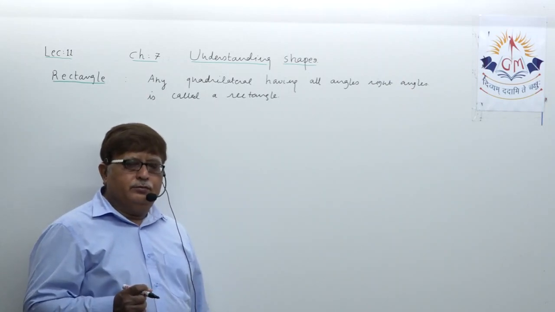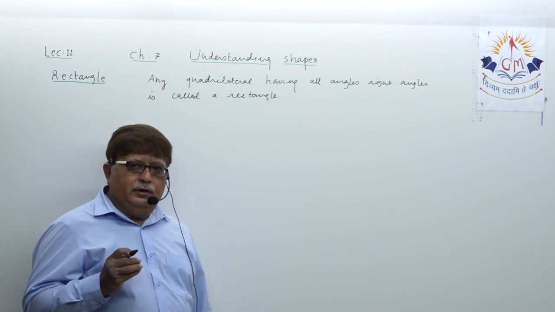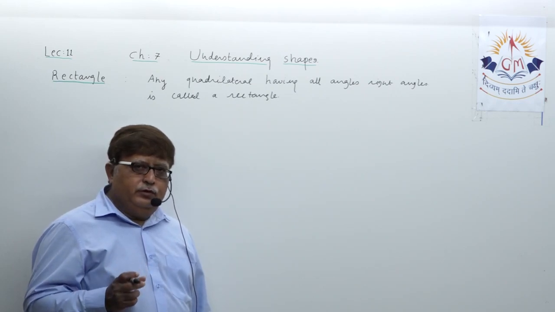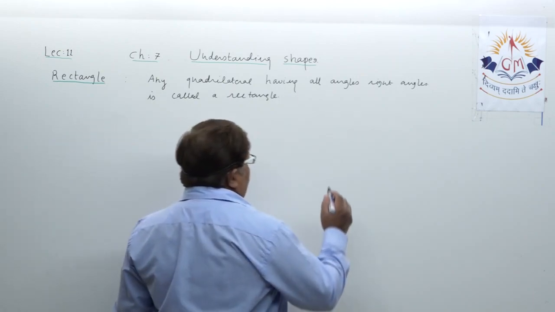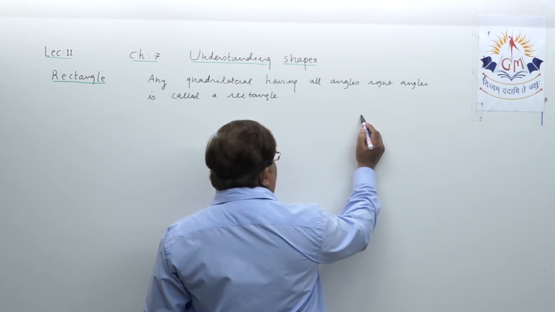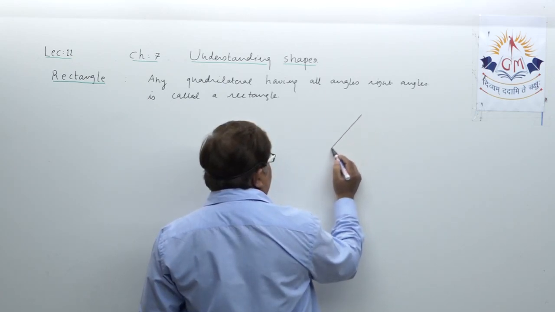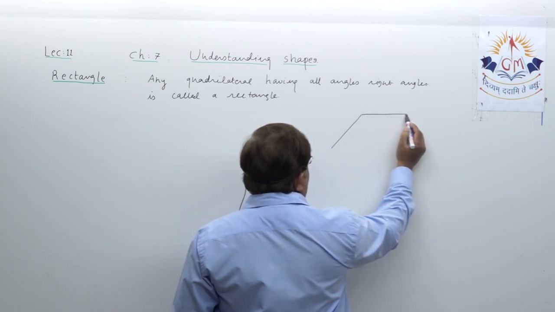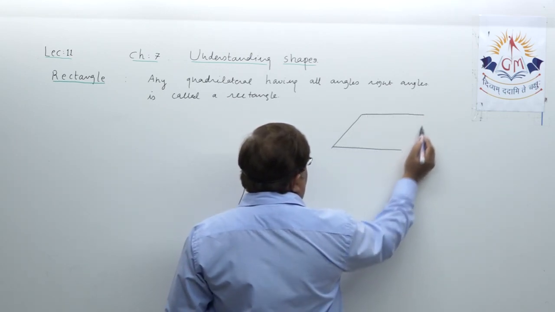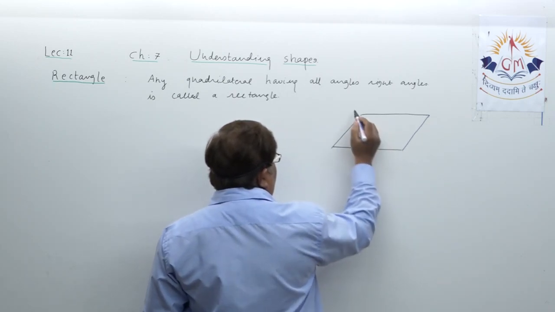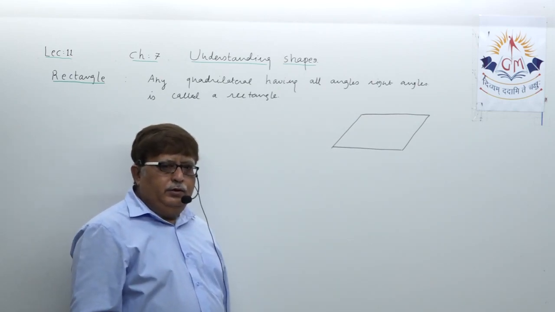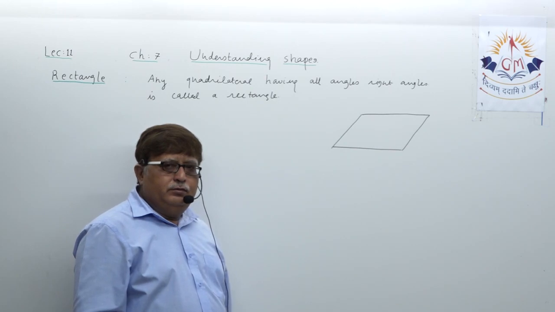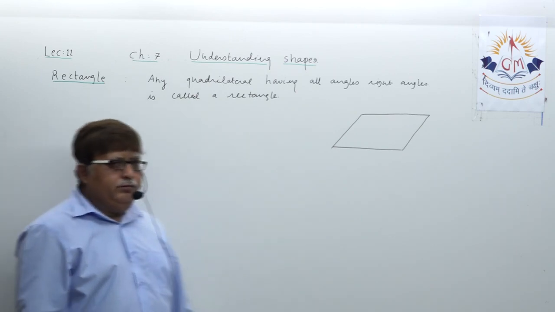Actually, dear student, a rectangle is some modification of parallelogram. Try to understand. Suppose I draw one parallelogram here. This is parallelogram already. Just concentrate, student. We all know at least some property of a rectangle, because rectangle is not new for us.